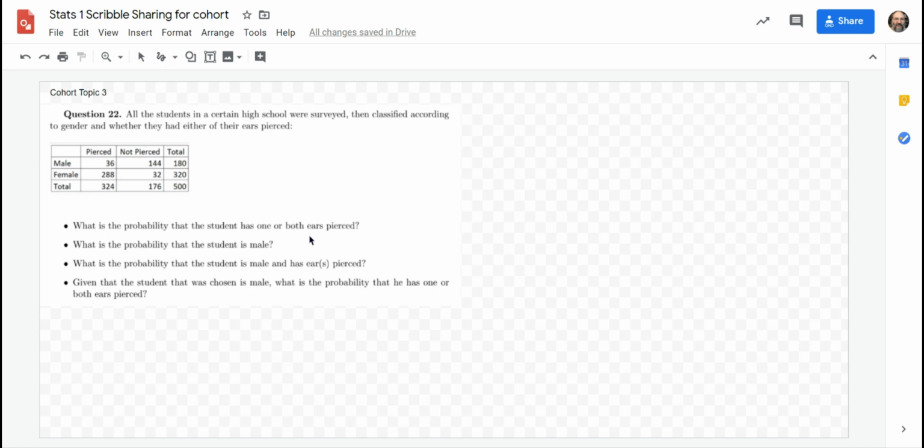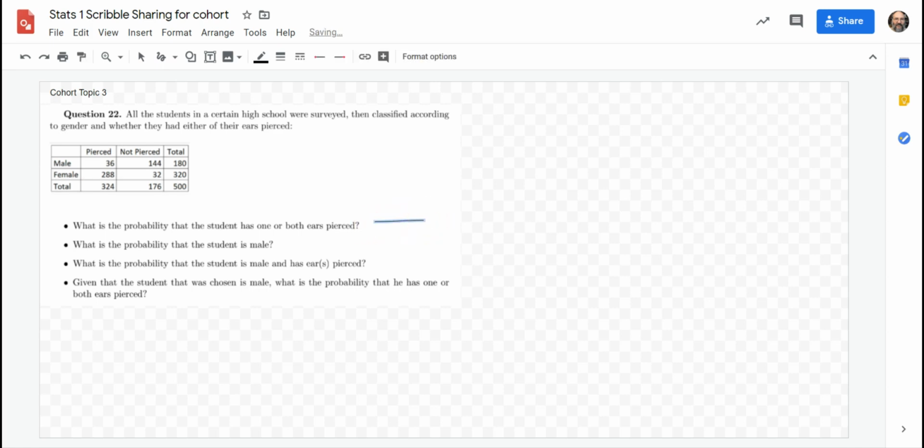Oh, well, that's just the amount of pierced divided by the total number of students, right? One or both ears pierced qualifies as pierced, and there are no conditions on this. Probability of the student, that's a randomly selected student.